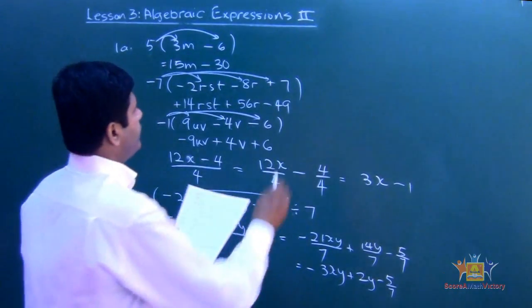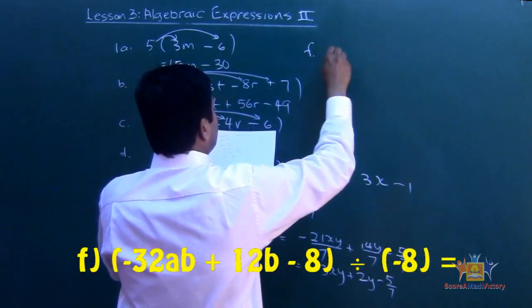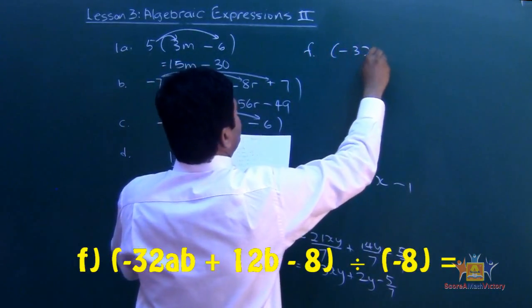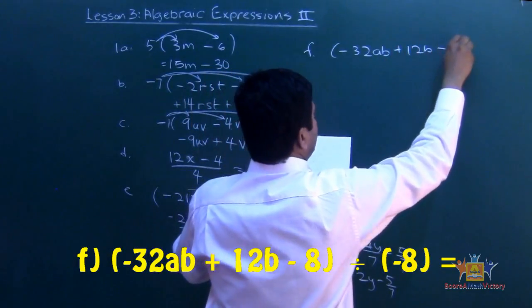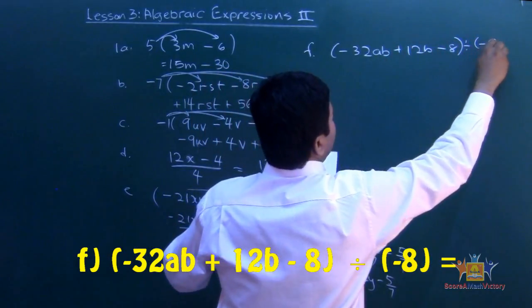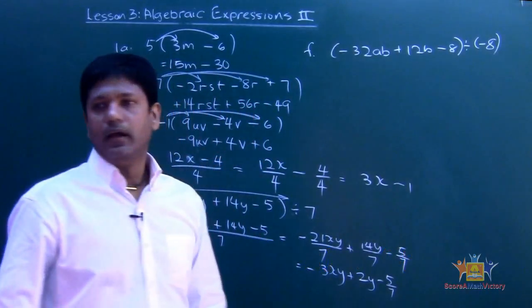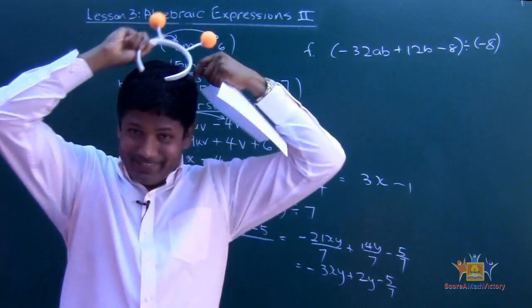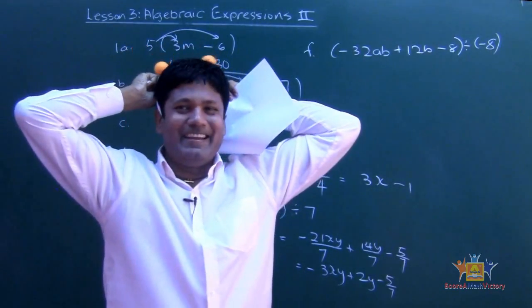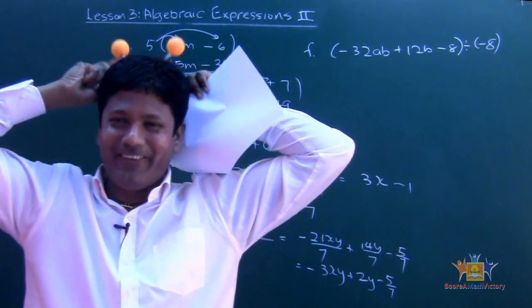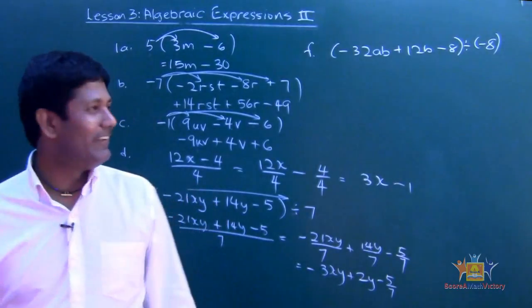Now let's do F. Now F, you're given negative 32ab plus 12b minus 8 divided by negative 8. Because it's a negative, the antenna should go up. Don't forget that, very important.